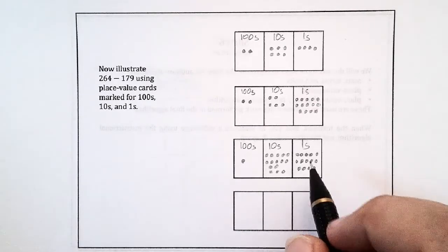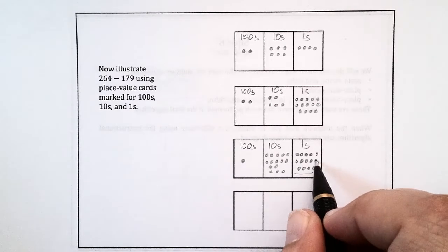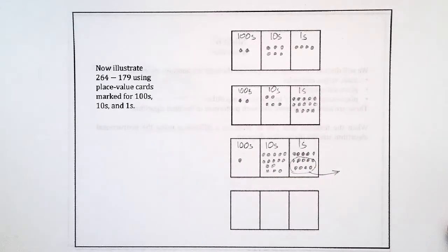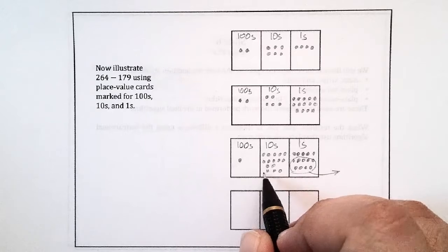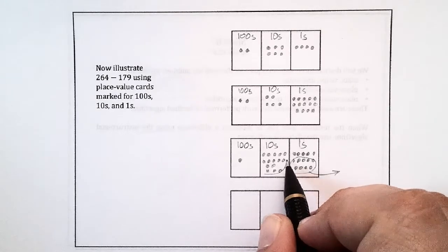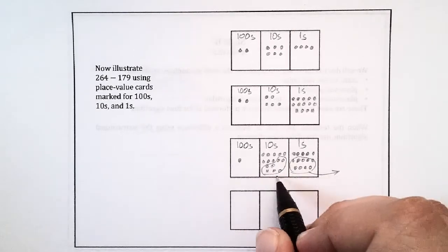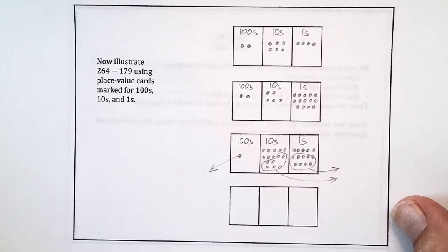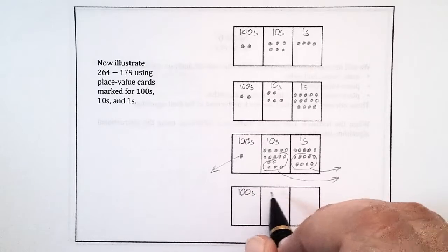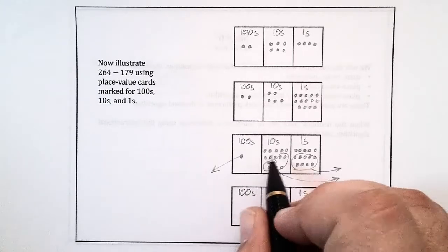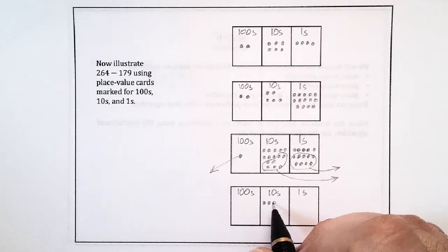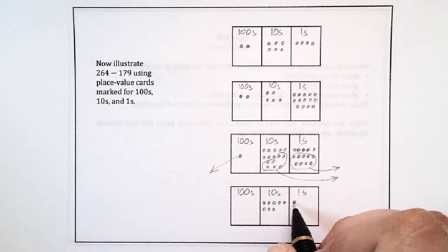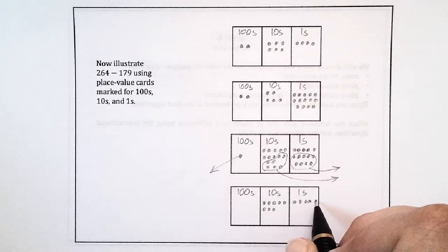So now I can take away. I get rid of 9 ones, and 7 tens, and 100. And so that leaves me with 8 tens, and 5 ones.